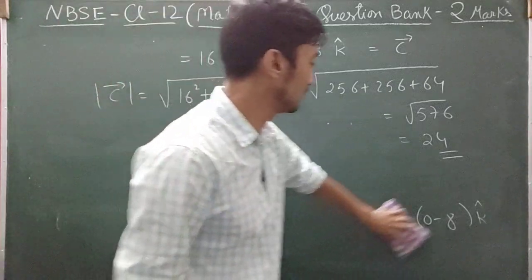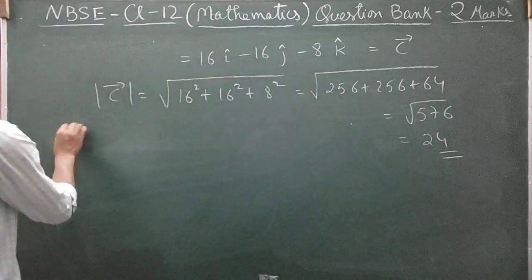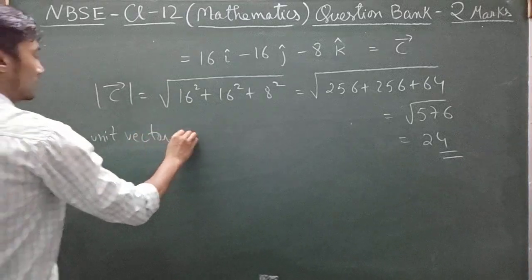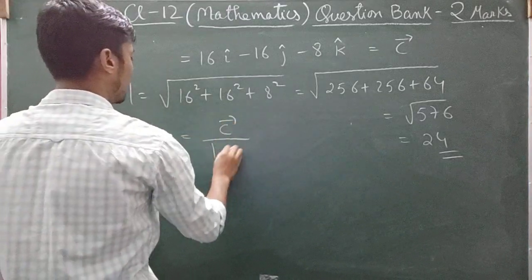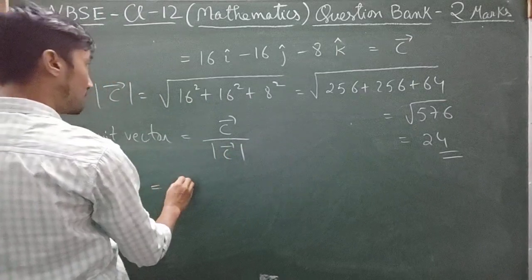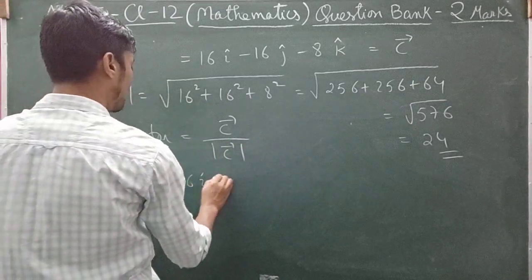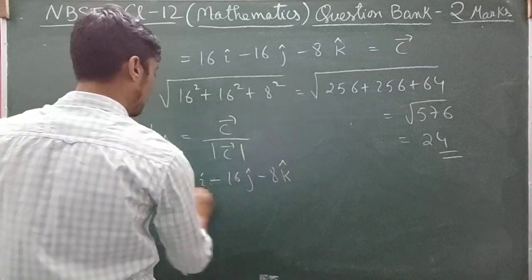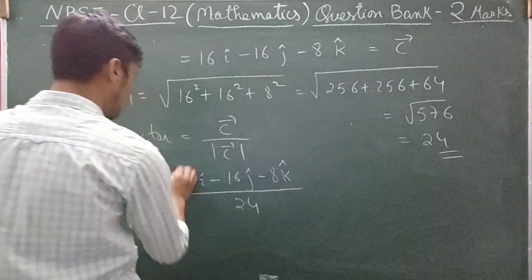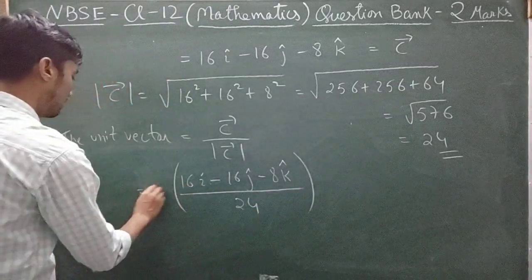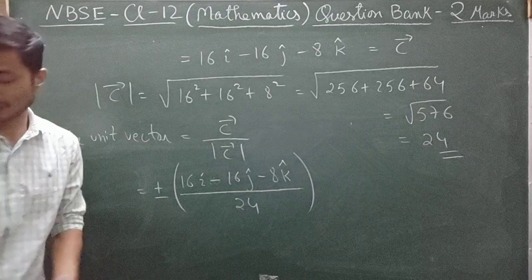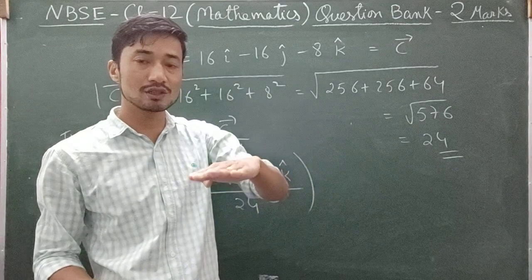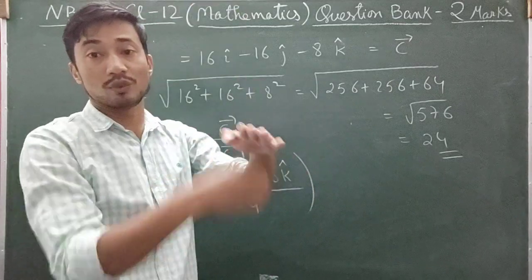So therefore, the unit vector would be vector c upon its magnitude. What was our vector c? 16i minus 16j minus 8k upon 24. You can use here plus or minus. Plus or minus, as I say, a perpendicular can have two directions on the plane. Two directions to a plane, maybe one up, one down.